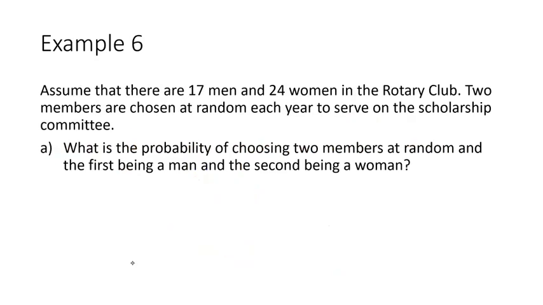Let's do another one of these. Assume that there are 17 men and 24 women in the Rotary Club. 2 members are chosen at random each year to serve on the scholarship committee. What is the probability of choosing 2 members at random, the first being a man and the second being a woman? Are these independent or are these dependent?